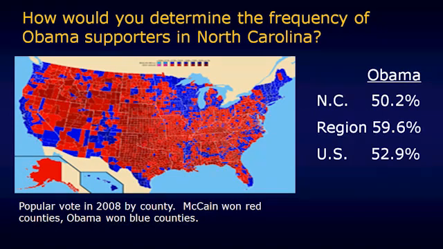But let me ask you this. So, the best way to get the answer, clearly, is to go right to North Carolina. Maybe the next best way is to go to a region, the whole East Coast. If you don't have access to that, there may not be too many problems with going to the whole country, to a much broader population.